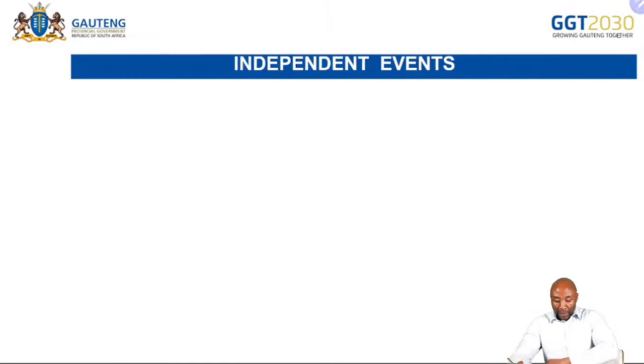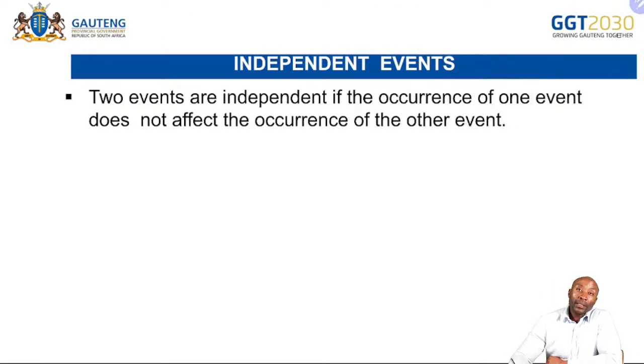We will move along and look at independent events. For our independent events, the occurrence of one event has no influence on the occurrence of the next event. For example, if I roll a dice and then next I also toss a coin, the outcome on a dice will not affect the outcome from the toss of a coin because these are independent events.